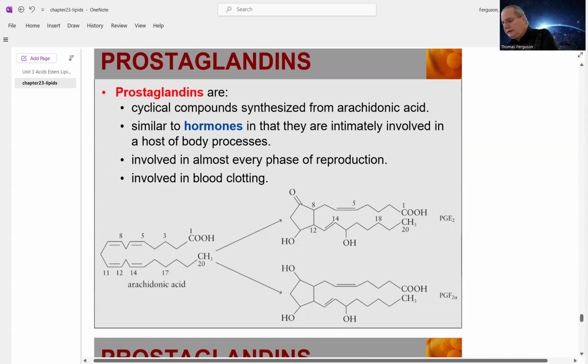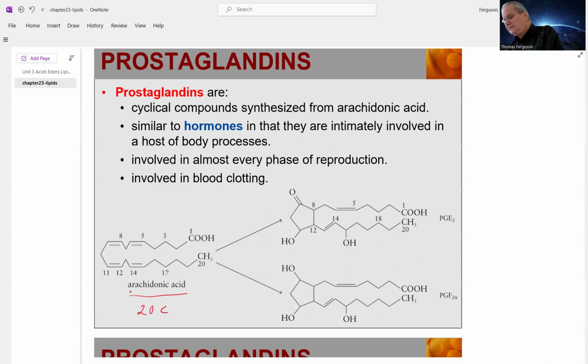So this is arachidonic acid. It's 20 carbons. And it's a precursor to prostaglandins. And these are the ones that are good and bad. There's an enzyme called cyclooxygenase 1 and cyclooxygenase 2 that works on your arachidonic acid and forms the prostaglandins.